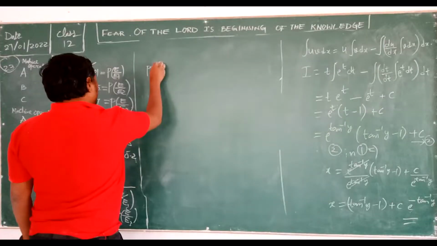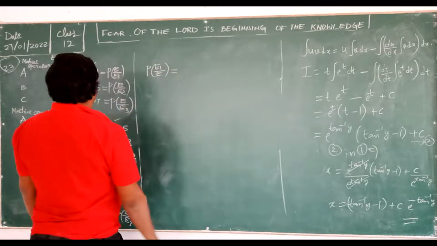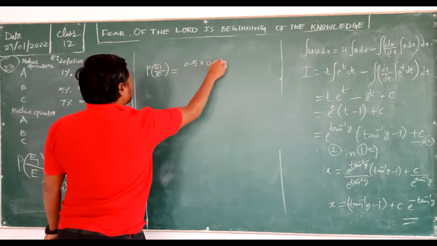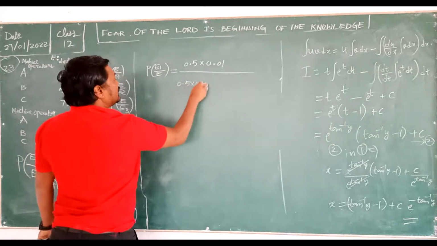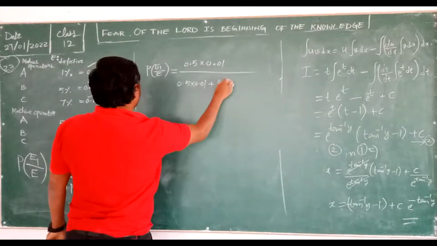So now P of E1 upon E is equal to 0.5 into 0.01, again I'm writing 0.5 into 0.01, plus 0.3 into 0.05.